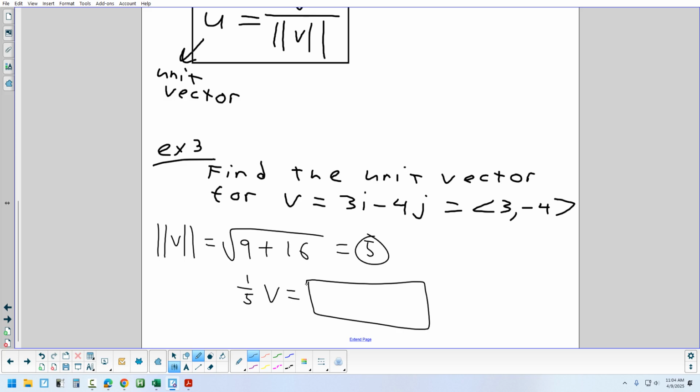When you scale it, what will it become? 3/5. Okay. The j component was -4. When we scale that, it will become -4/5. So there is a new vector pointing exactly in the same direction as the original, but instead of being 5 units long, we forced it to be 1 unit long. Okay. So any question on finding a unit vector from a given vector?